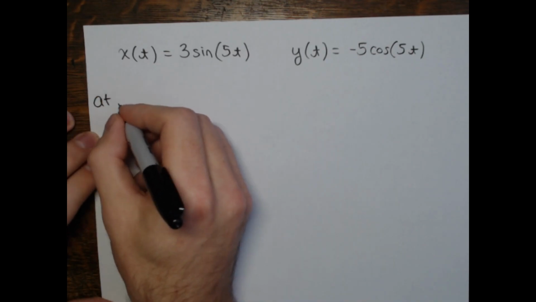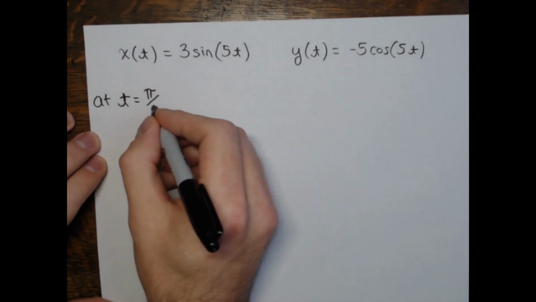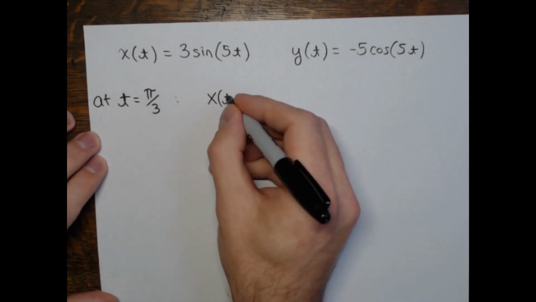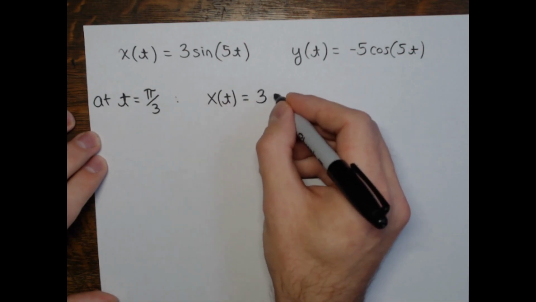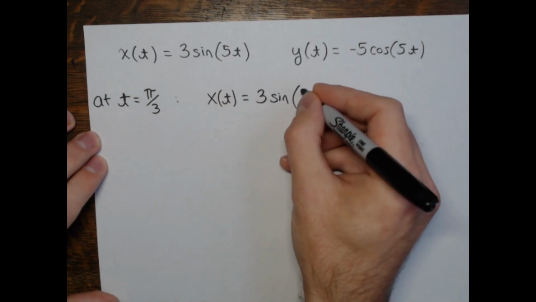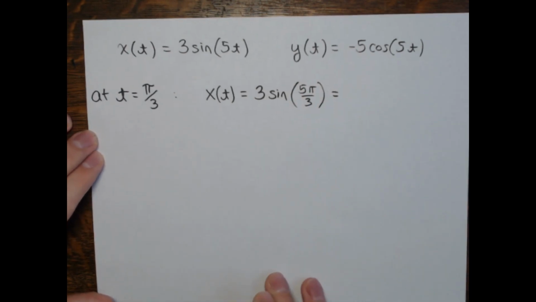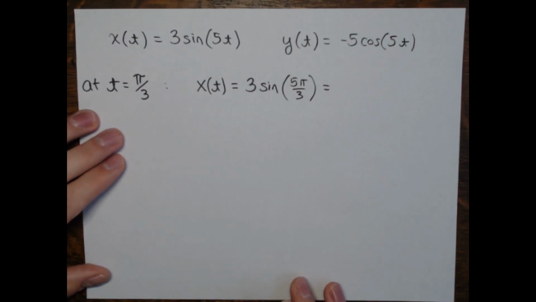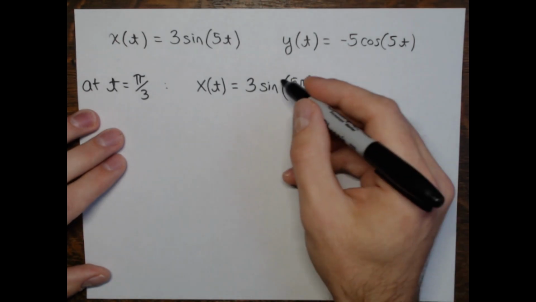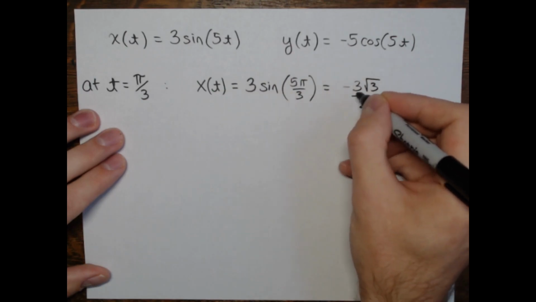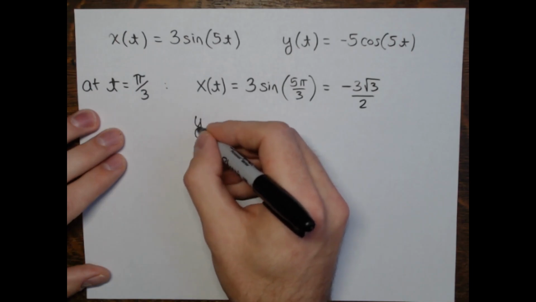Now at t equals pi over 3, the x coordinate of our point is 3 times the sine of 5 pi over 3, which is something we should know, right? Unit circle, trig function stuff. The sine of 5 pi over 3 is negative square root of 3 over 2. So this would be negative 3 times root 3 over 2. All right, so there's the x coordinate of our point.